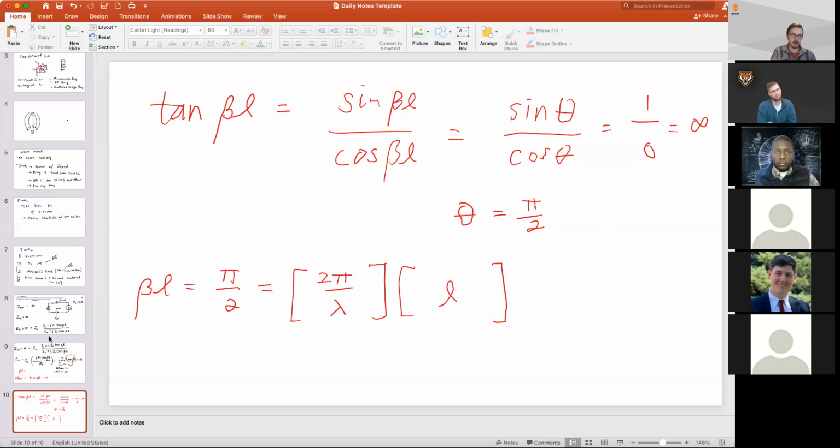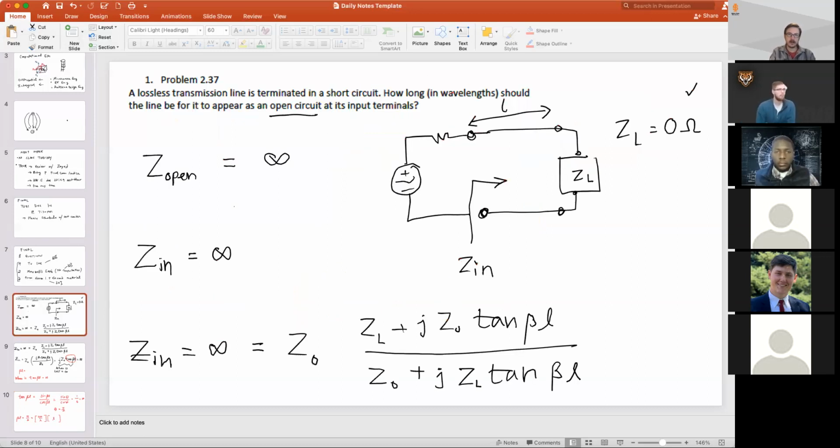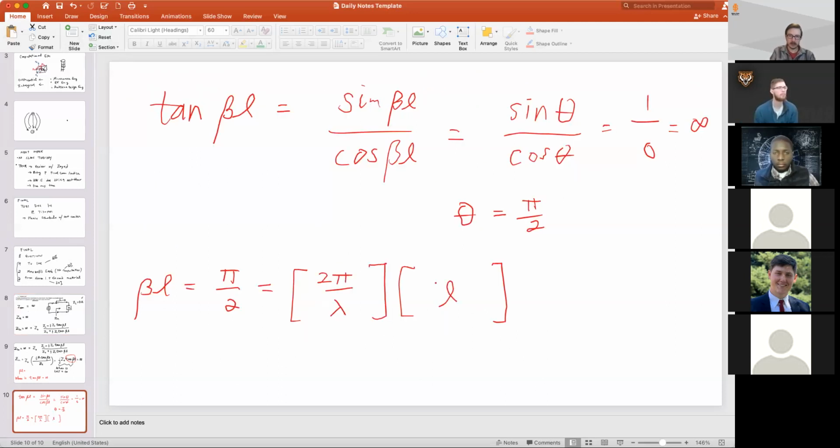Okay, so the question asks, for how long in wavelengths should the line be for it to appear as an open circuit? What value in wavelengths should this be so that this equals pi halves? What is L as a function of lambda? Lambda over 4. Yeah.